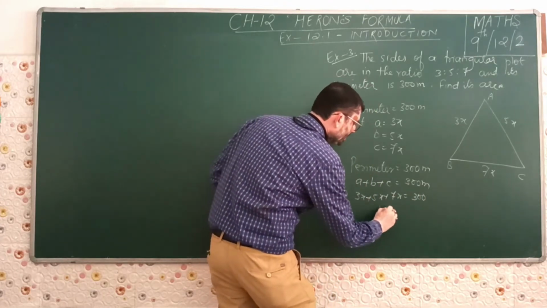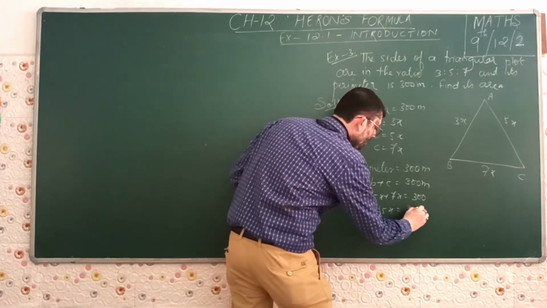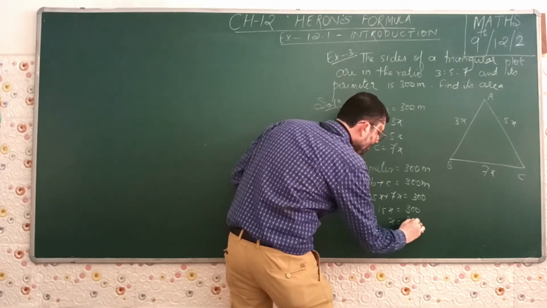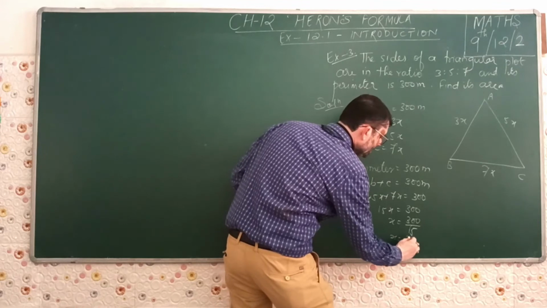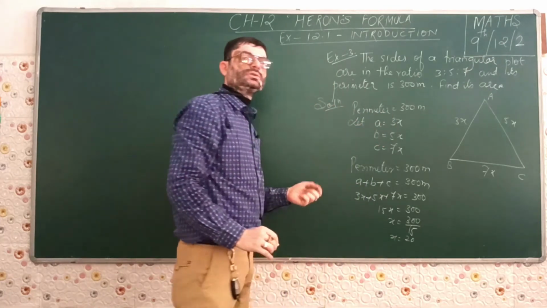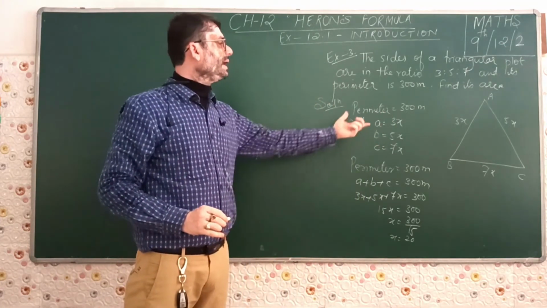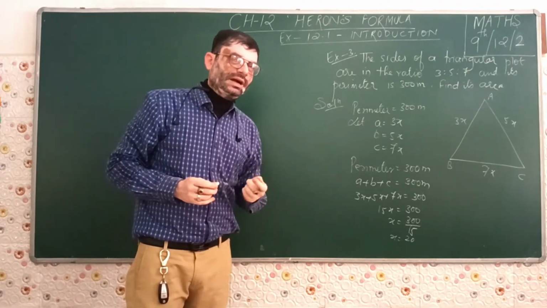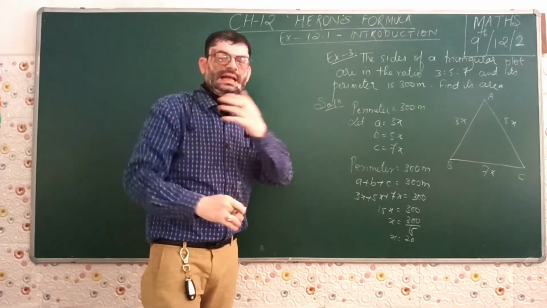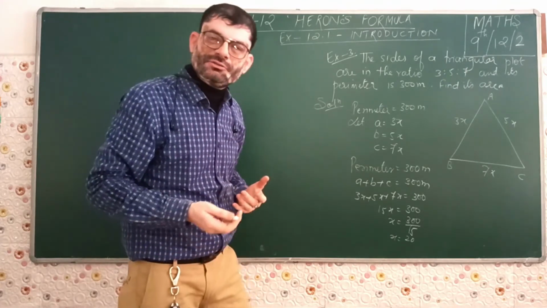So this will be 15x is equal to 300 and we will get the multiplier x as 300 by 15 and this is x is equal to 20. So now we have got the multiplier that we had taken for A, B and C and let us find the three sides of the triangle. Then we will be moving on to find the area of the triangle.